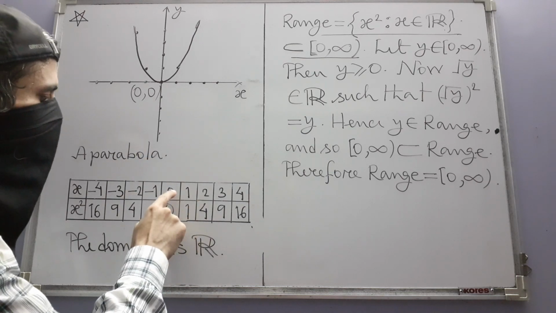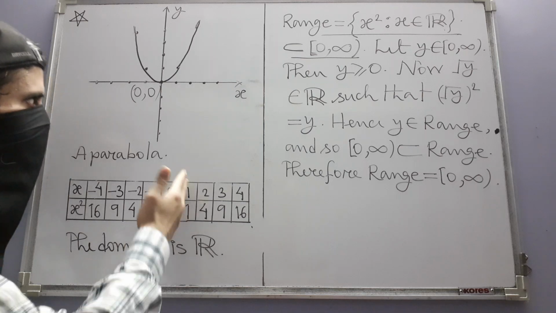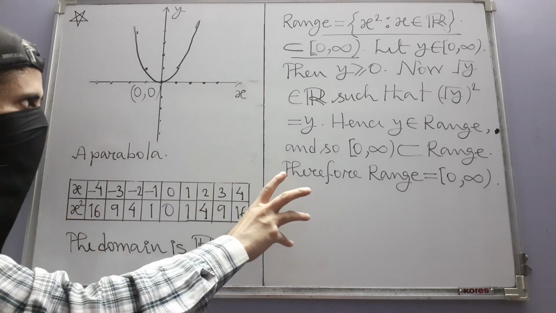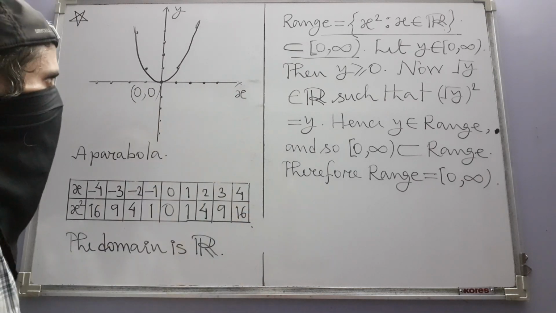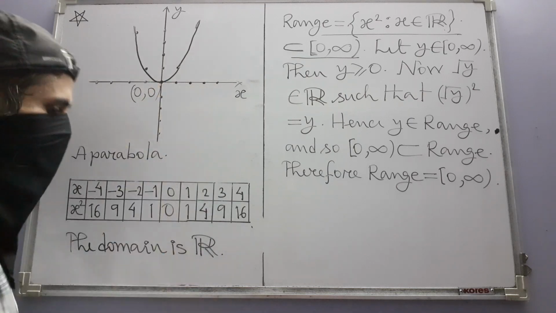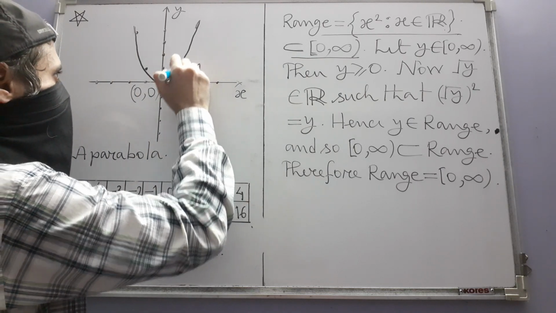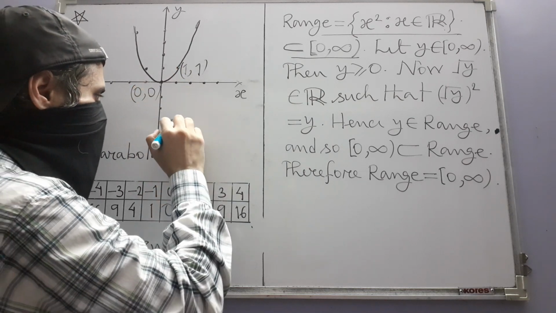How do I know that? See, you just look at this table, you see that we have plotted only a few points. Even if you plot all these points, that's only a few points. Now, how do I know that in between these 2 points, say 0, 0 and 1, 1, the graph has to be like this and not something like this?